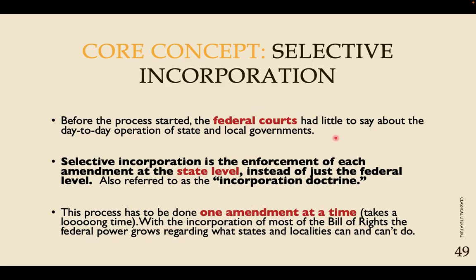So our core concept for selective incorporation, this is that before the process started, the federal courts, they had little to say about day-to-day operation of state and local governments, right? Think about the issue of federalism that we studied towards the end of Project 1. We had the layer cake and we had the marble cake.